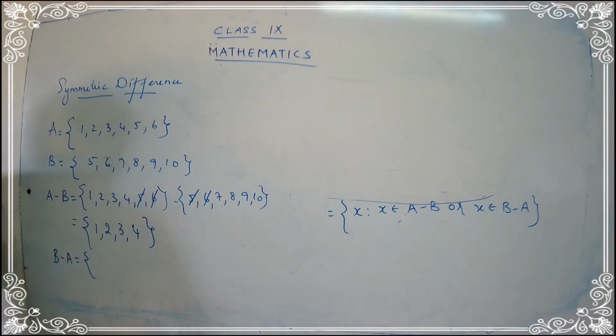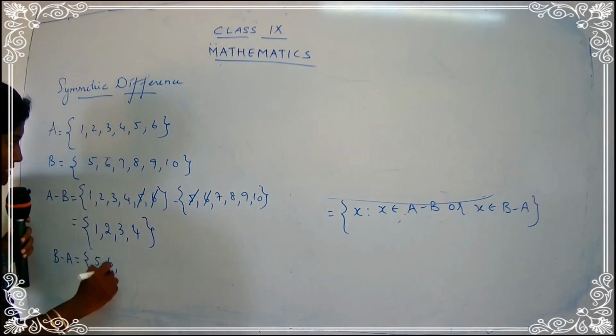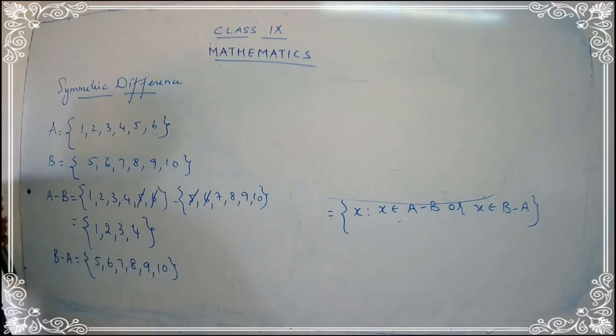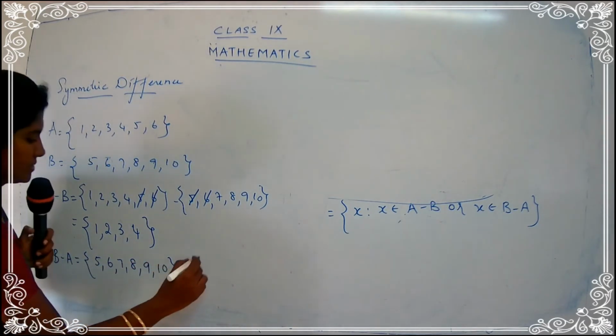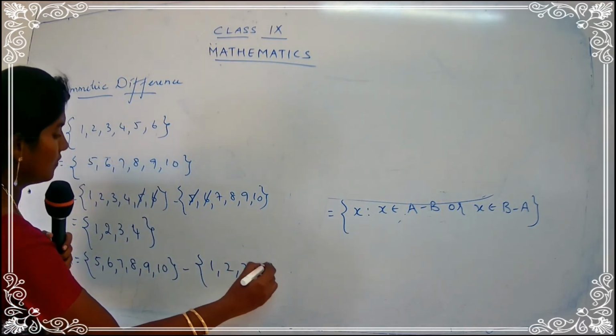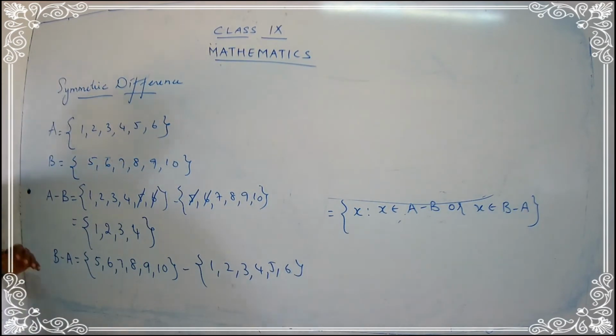What is B minus A? B minus A is, write the B part first: 5, 6, 7, 8, 9, 10 minus 1, 2, 3, 4, 5, 6. Are you clear, children? What is the meaning of B minus A?